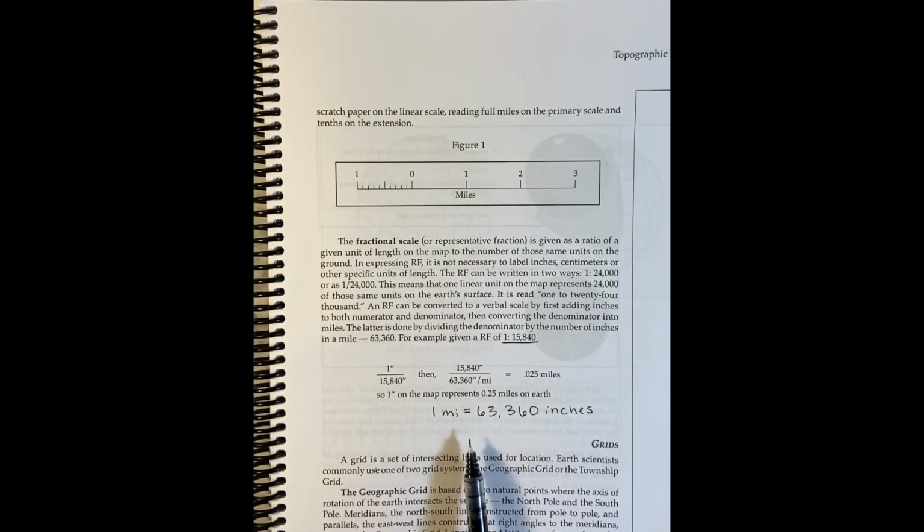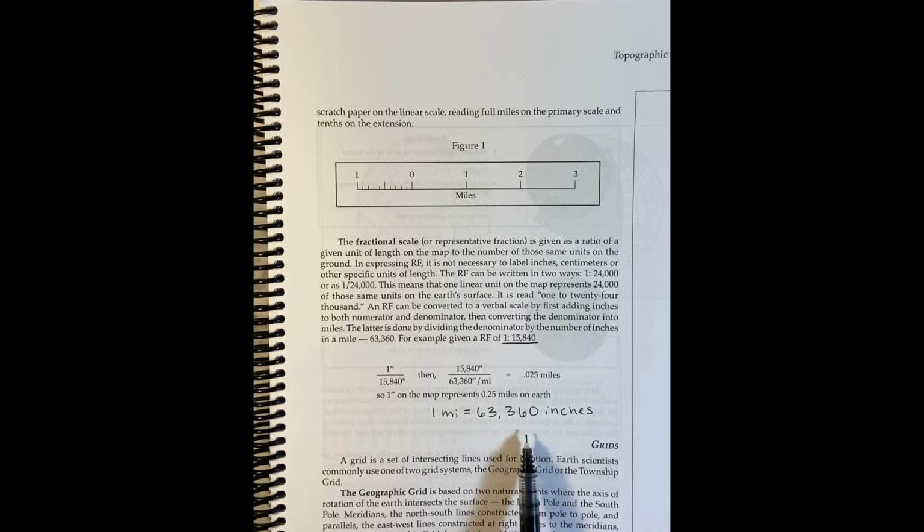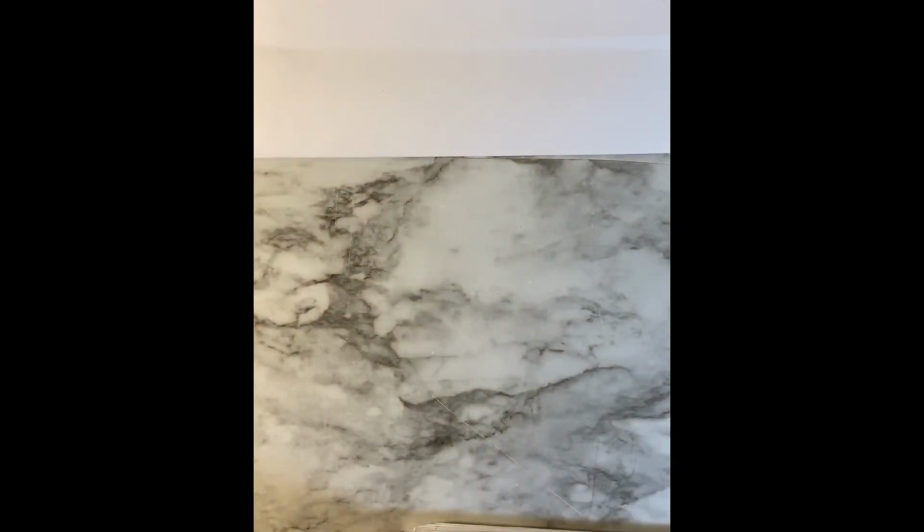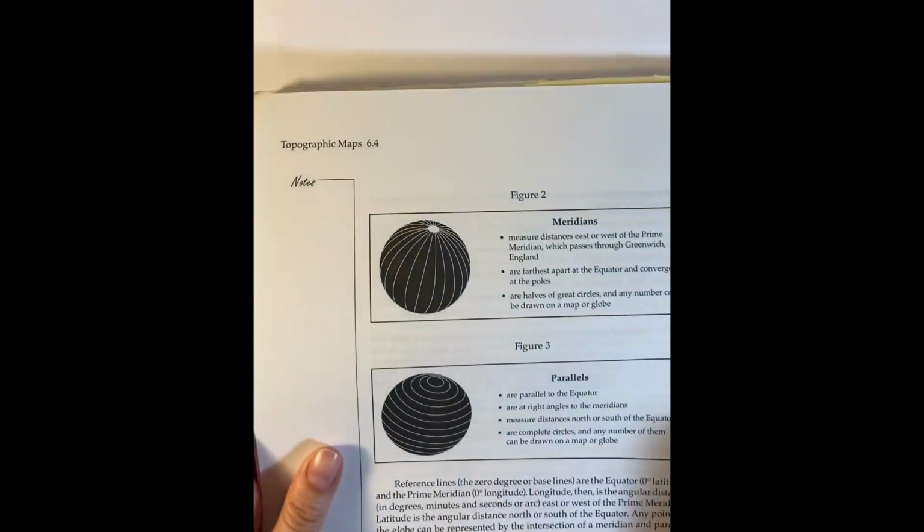So y'all should probably go ahead and note that 1 mile is 63,360 inches. And then you can go ahead and look up miles to feet. You should probably know what inches to feet is for the rest of these calculations. Okay, then we turn to the next page.